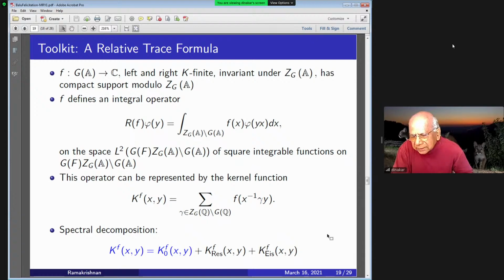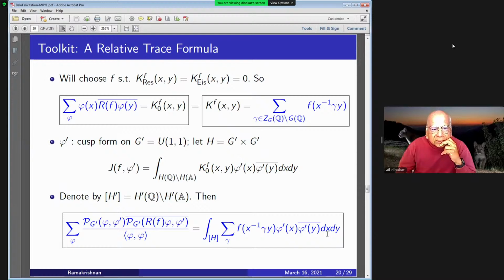So for the classical case, SL2R mod SL2Z, the residual part is just the constants, nothing else. But it gets more complicated for U21 and bigger groups. Anyway, so you have the spectral decomposition, and that allows you to decompose the kernel function in different ways.